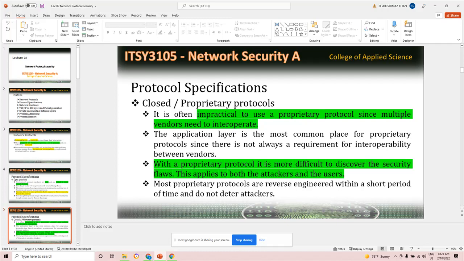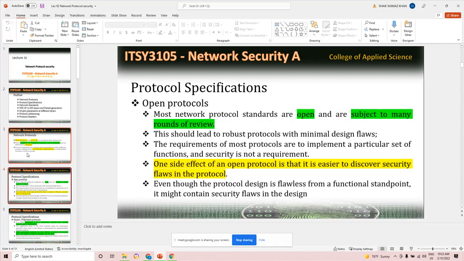Okay, with a proprietary protocol, it is more difficult to discover the security flaws. Whereas with an open protocol, it is easier to discover the security flaws.